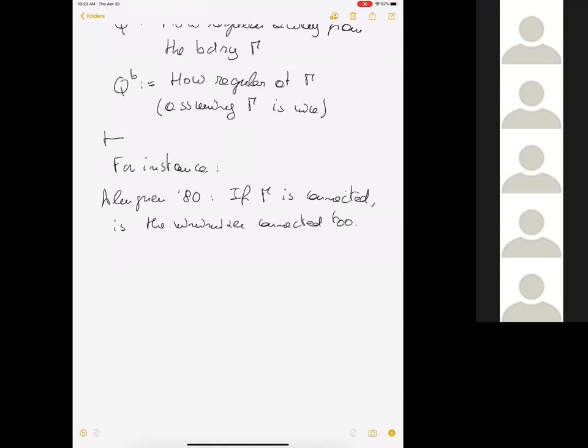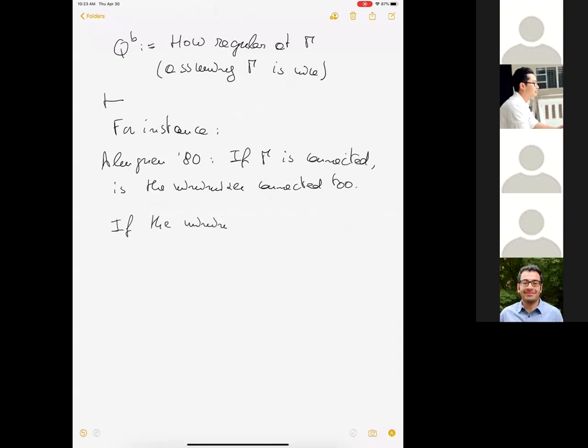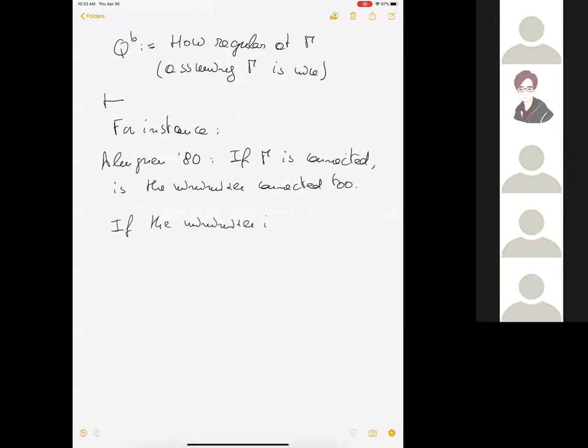It stands to reason that this should be the case. If your minimizer is regular, it's a very simple exercise. If the minimizer is regular, the answer is yes. And that's very easy to understand.